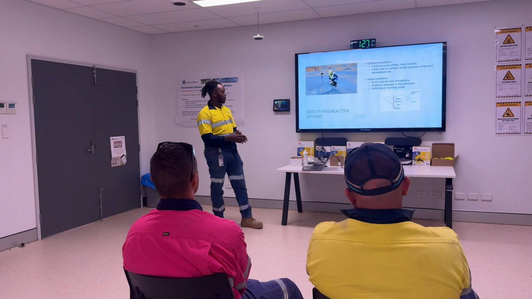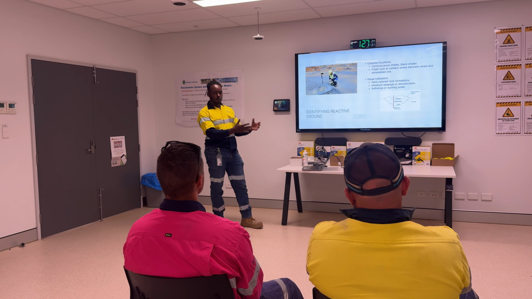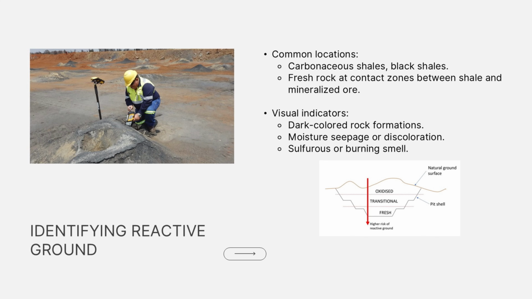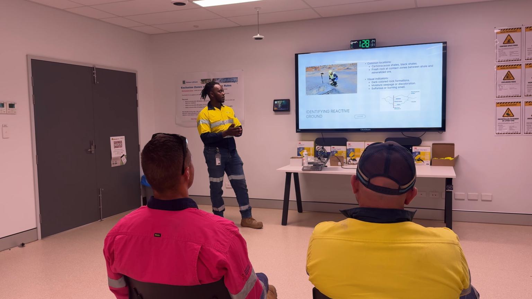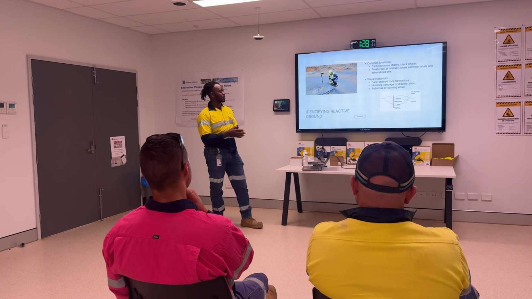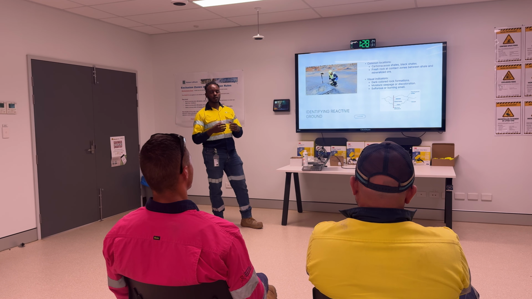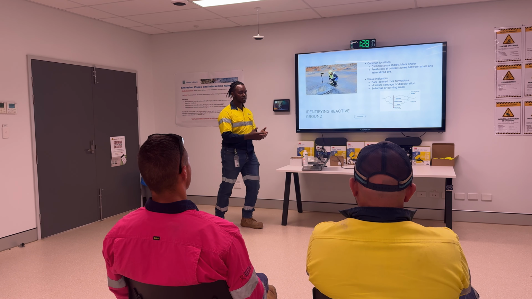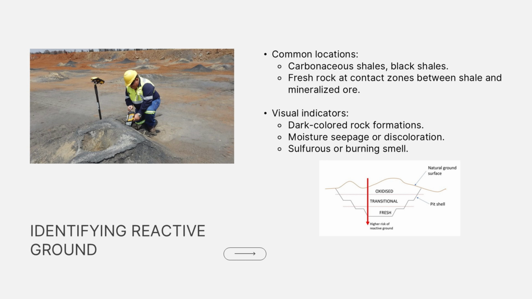Moving forward, we've gone through the importance. How do we identify the reactive ground? The common locations would be carbonaceous shales, black shales, and fresh rock at the contact zones between shale and mineralized ore. In many cases, the geologist will do tests, and if a pit is categorized as reactive ground, they will let us know. But this is not always the case.